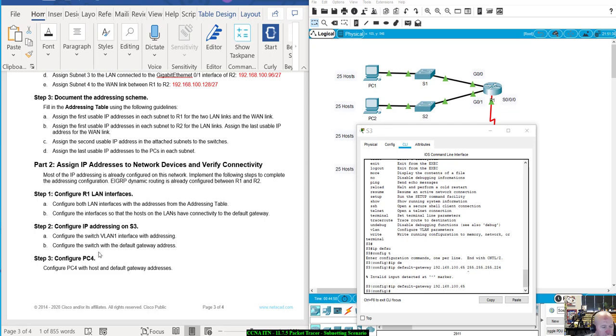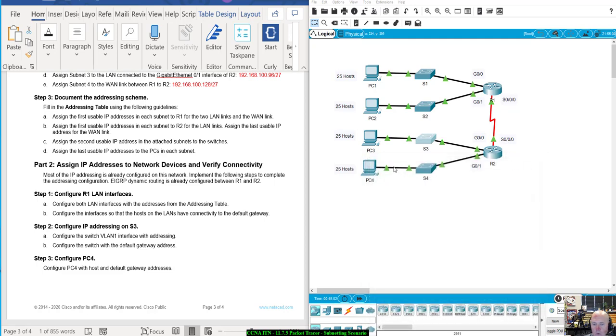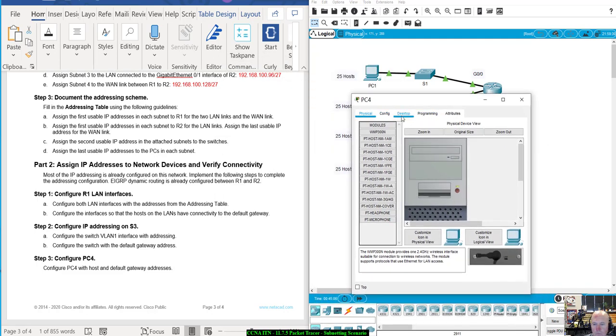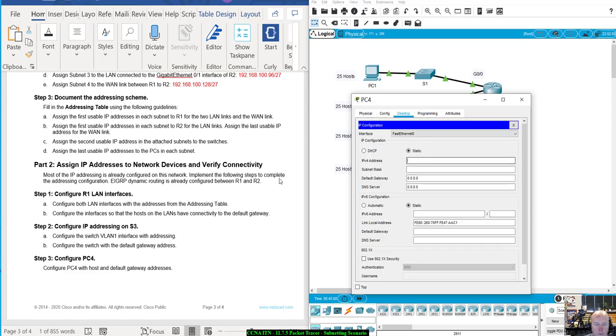Configure PC4 with host and default gateway addresses. PC4 is 192.168.100.126. The subnet mask has to be changed to 224.